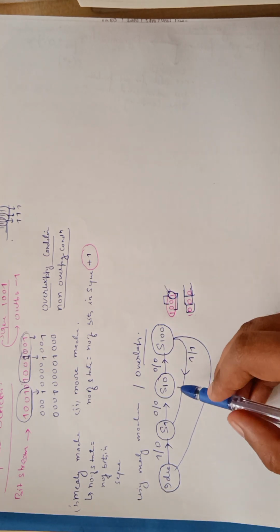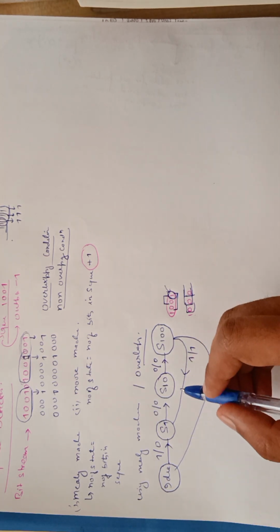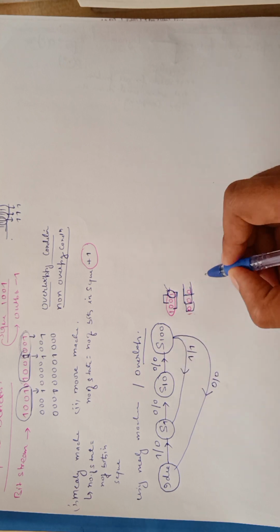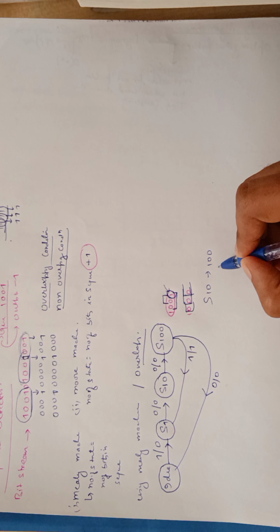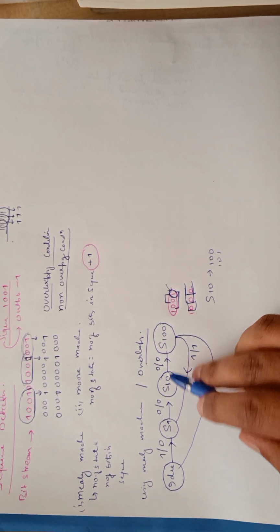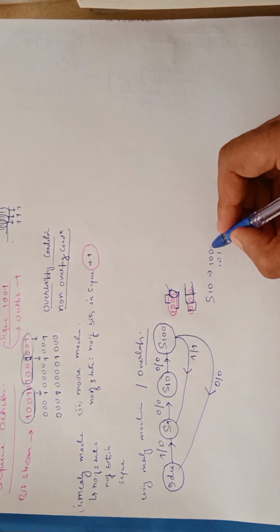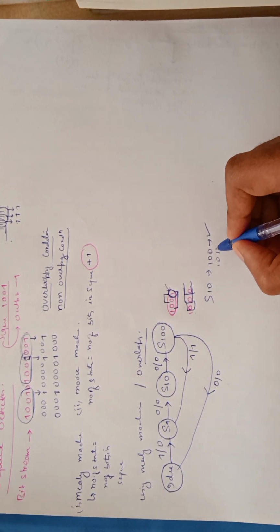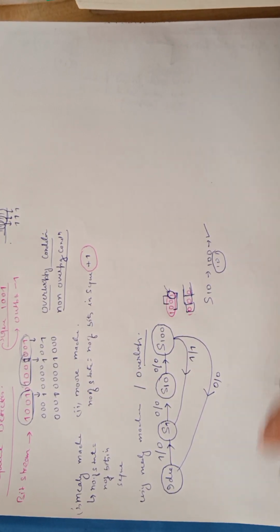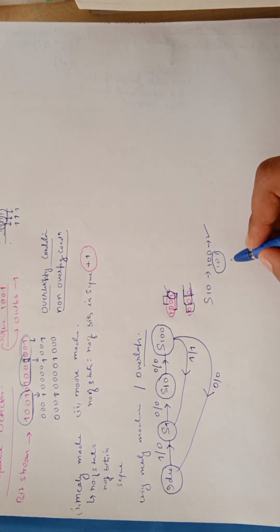Okay. And similarly, for S10, there can be 2 cases, either 100 or 101. Now you see here, once there was 100, it moved to the next state, so it is done. For 101, where will it go to the next state?